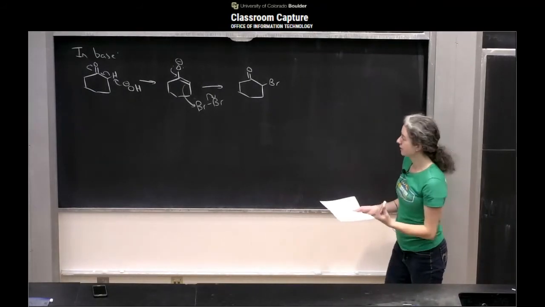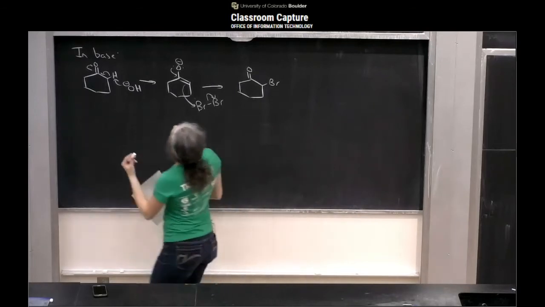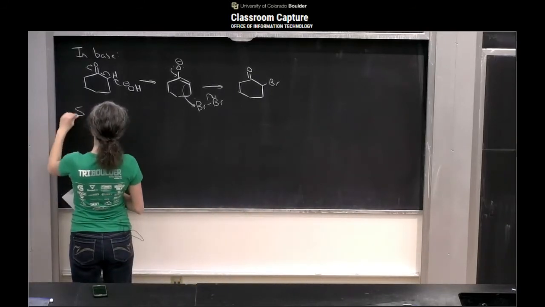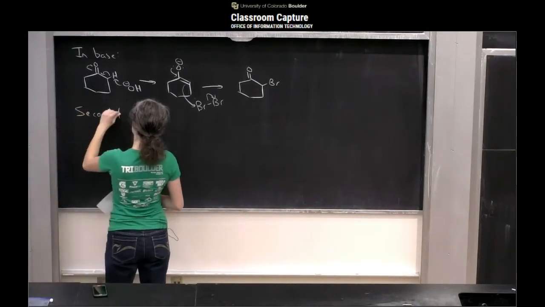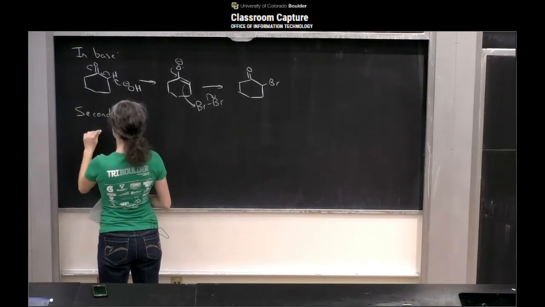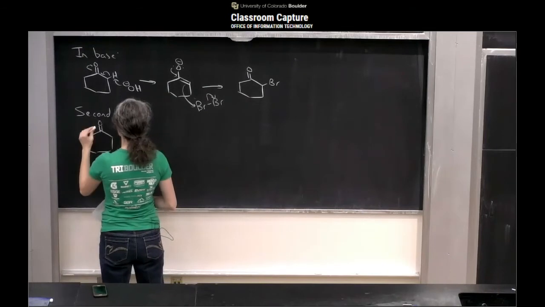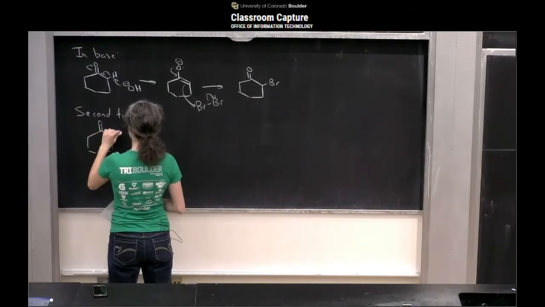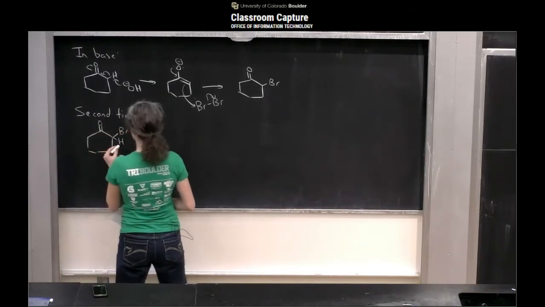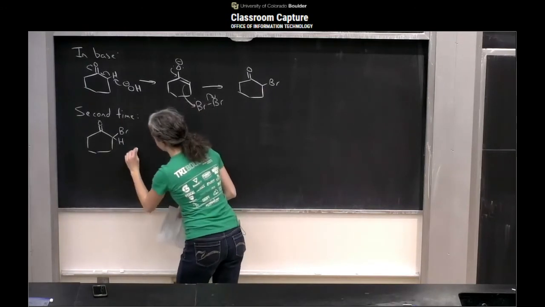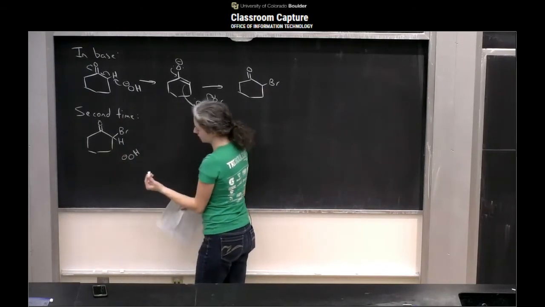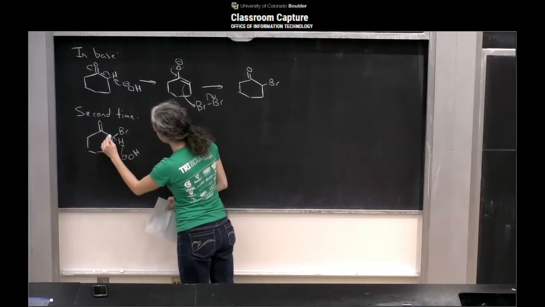So if we try doing this a second time, and again, we could pick the left or the right side, I'll just stick to the right to keep it easier to follow. Okay, so again, we're going to make an enolate here.